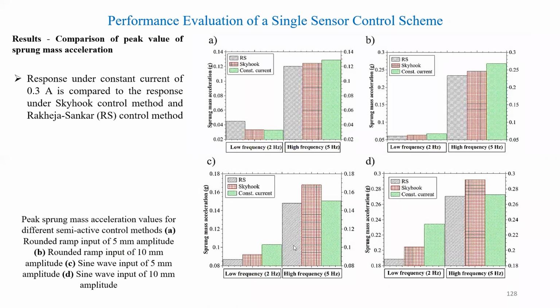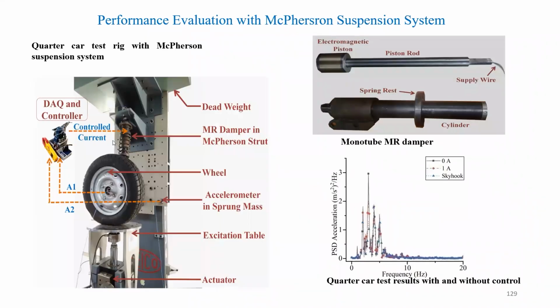At low frequency and high frequency. Also, this model can be used for controlling the suspension system of a four-wheeler. It can also be used as a suspension system in our landing gears. The concept is similar.